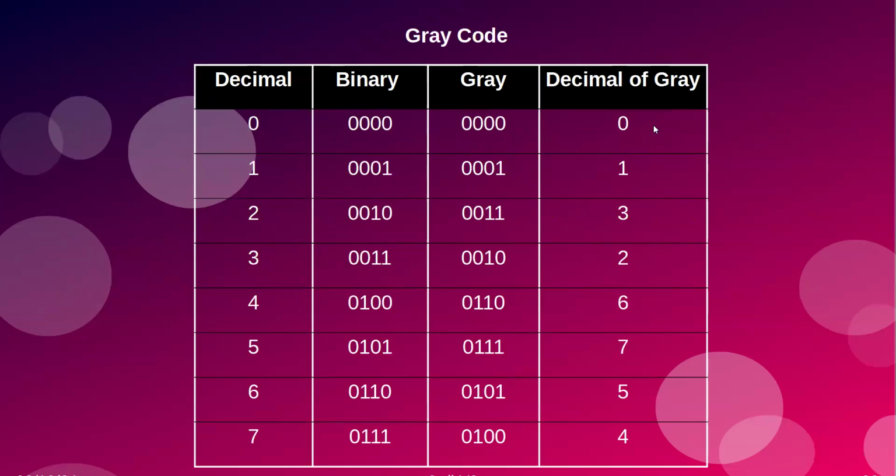Here's a chart showing the conversion, with normal binary counting up 0, 1, 2, 3, 4, up through 7. The equivalent Gray code, okay, you see where 2 is now 0, 1, 1. So we only changed 1 bit. And 4 is a 6 instead of a 4.